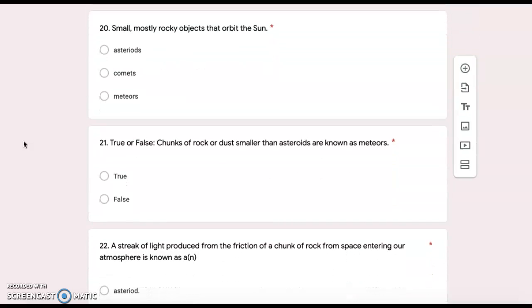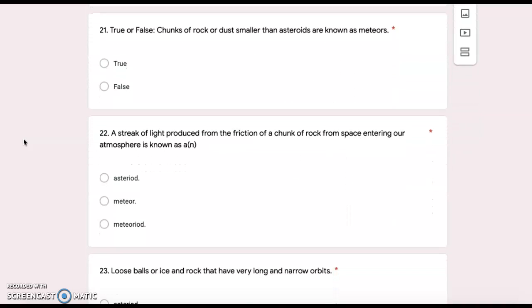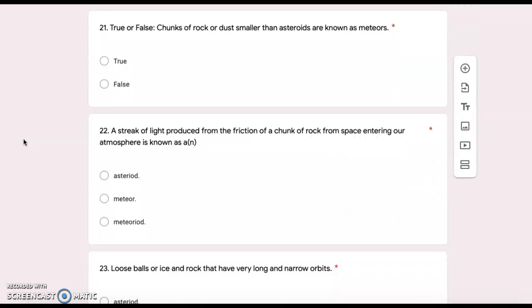Number 20. Small, mostly rocky objects that orbit the sun: asteroids, comets, or meteors.